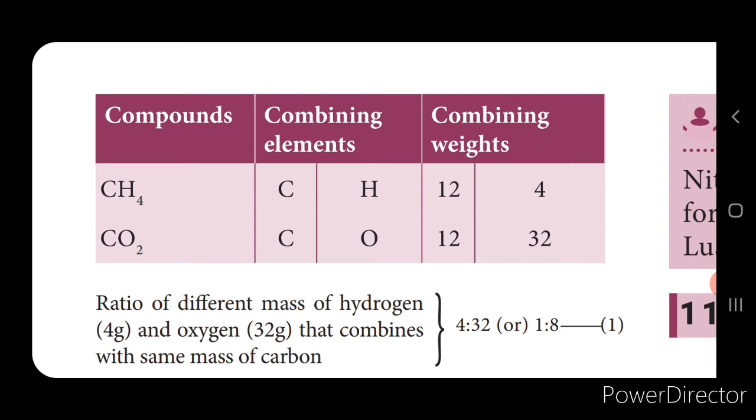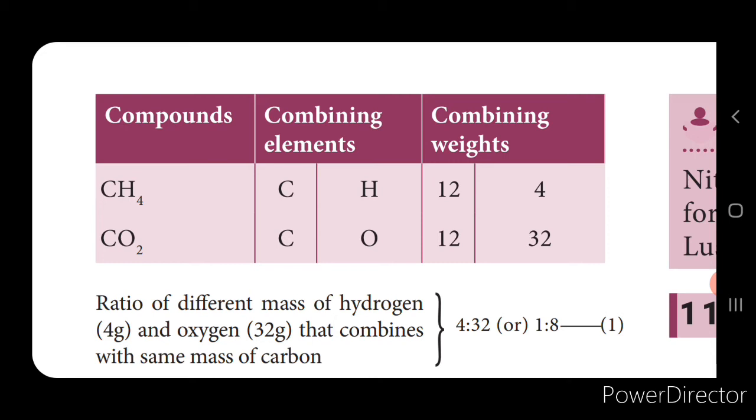Now when you find the ratio between the elements combining with carbon, hydrogen and oxygen, it is 4:32, isn't it? So when you simplify, it will become 1:8. So these are the ratios of different elements that are combining with the same element, that is carbon.